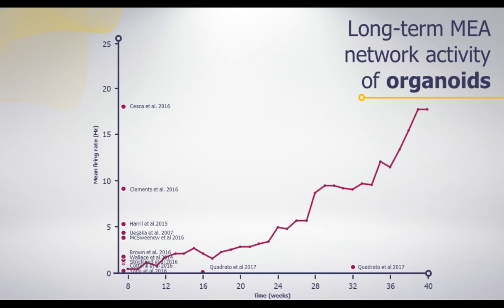And you can see that after about 6 months, we see this peak of activity that will reach close to 20 hertz, and after 40 weeks, it plateaus. We don't see an increase in activity after 40 weeks. But nonetheless, the level of activity that we can get is already comparable to a more fully mature brain, which is amazing, and as far as we know, very unprecedented in tissue culture.